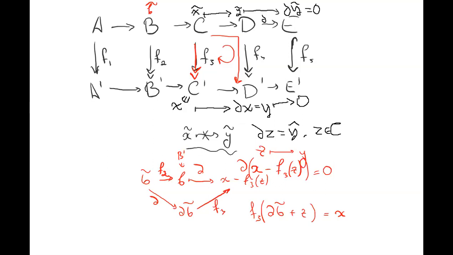So all 5 of them being isomorphisms is actually extra, right? We just need F1 to be an epimorphism and F5 to be a monomorphism? Yeah, but it's enough if they are.